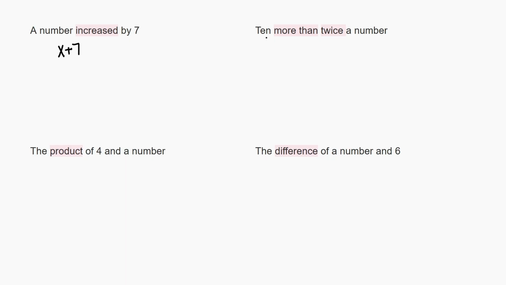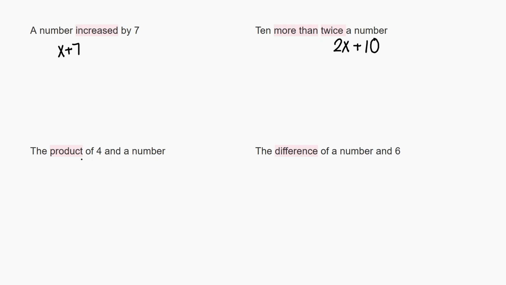For this one, we have 10 more than twice a number. Here we have two operations, more than and twice. None of those are grouping words, so we do this in order of PEMDAS. So we should do the twice a number first because it's a multiplication, and then 10 more. So we add 10 to the back.